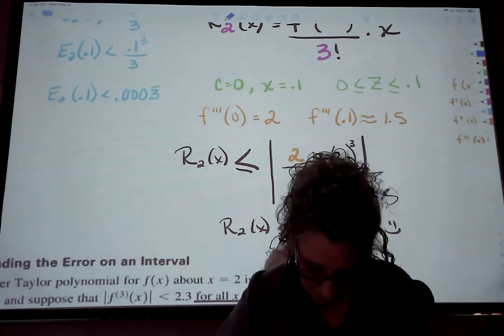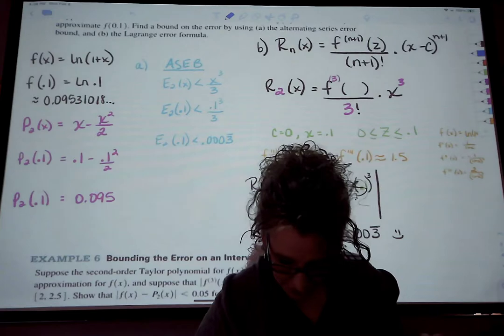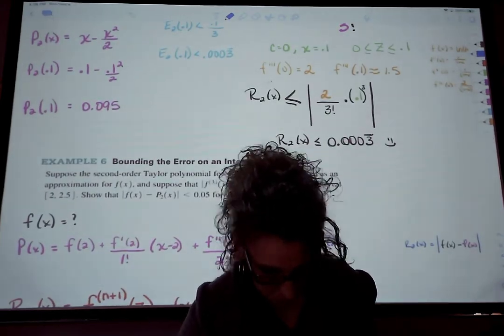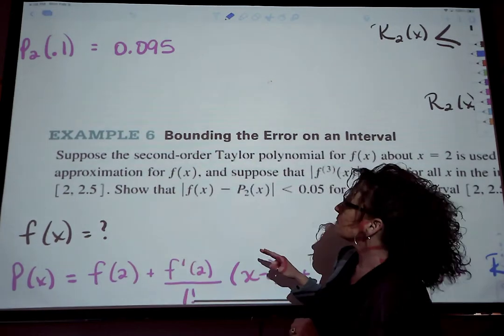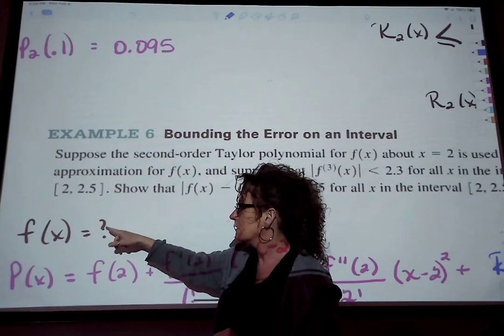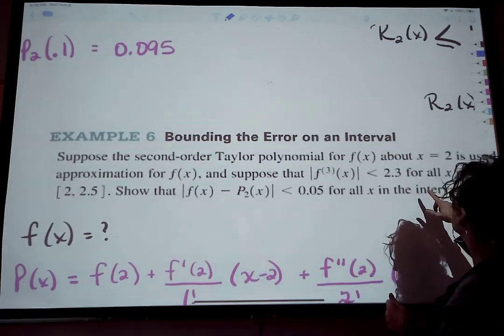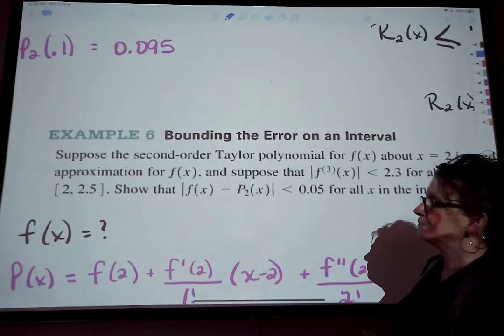All right, one more. And if you're still fuzzy on this whole derivative thing, we're going to look at it one more time. Next one. We're looking at a second order Taylor polynomial for f of x. Never tells us what f of x is. Have no idea. Don't care. We're centering it around x equals 2, so c is going to be 2.